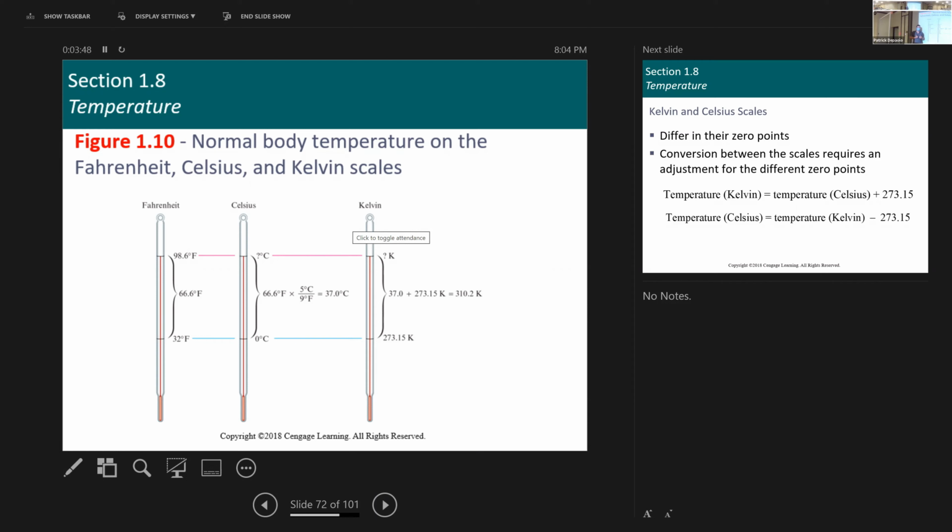That's around the same time they were doing a lot of thermodynamics. And they figured out that cold isn't really a thing. Cold is the absence of heat. There is a limit to where you can take out all of the heat from an object, from particles.